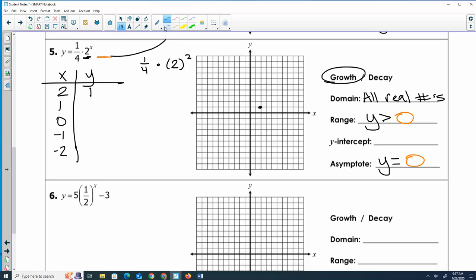All right, if you plug in 1, so 1/4 times 2 to the first, what do you get? 1/2 or 0.5. So if we go right 1, up a half. If I put in 0, 1/4 times 2 to the 0.